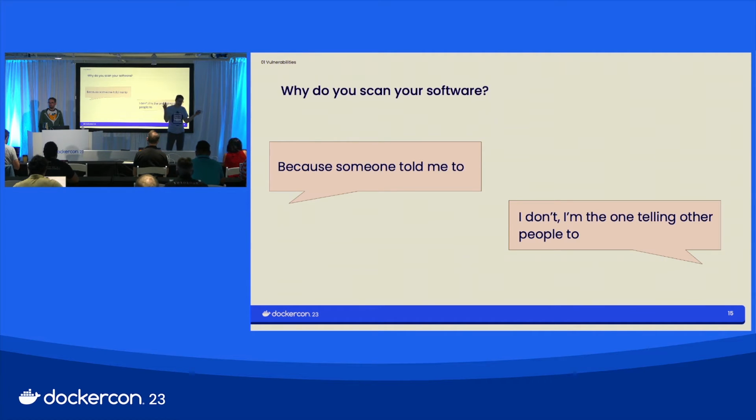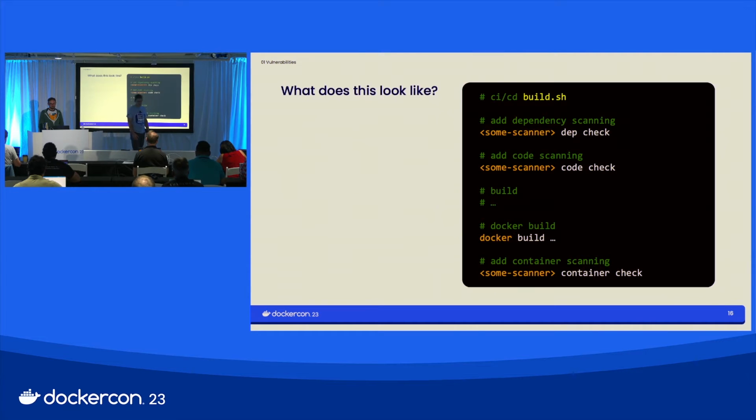So they said, well, you've got to scan your software. Either you're on the left-hand side of this slide where you're a developer and someone told you to do it, or you're on the right-hand side, you're the security engineer or the auditor or whomever, and you say, I don't scan software, I tell other people to do it. And then we pretend that once you scan the software, everything's good.